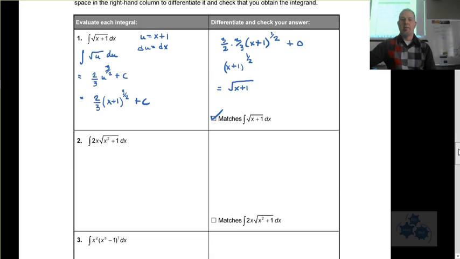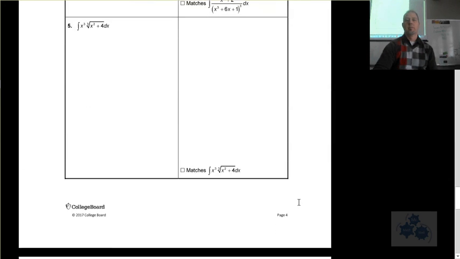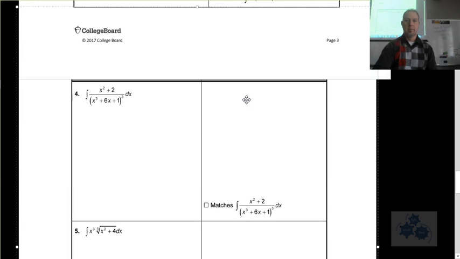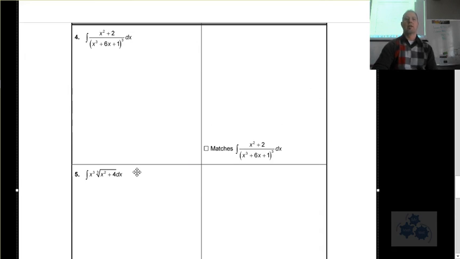And you can go ahead and finish 2, 3, and 4. And 5 would be a little tricky, so you can try number 5. That would be kind of an upper challenge one there for you.